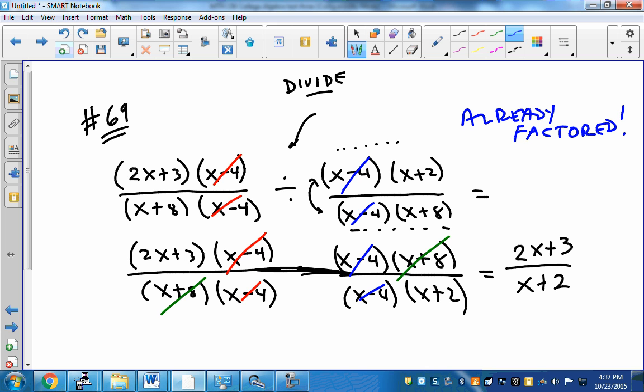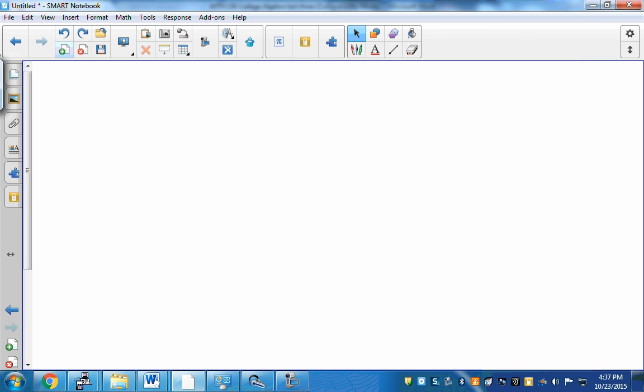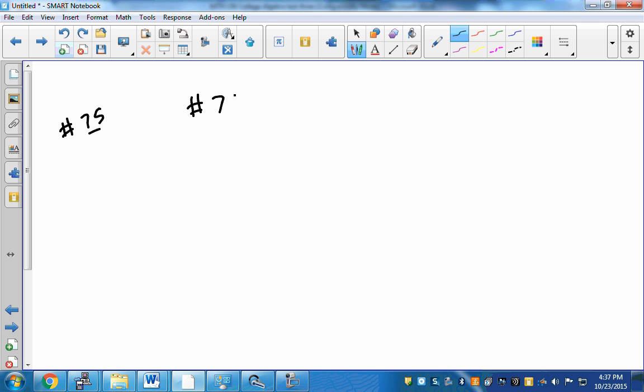Now, looking at the test next, let's suppose we have a division problem where one of the denominators is missing. Problem number 75 was assigned, to make sure you play with that. Let's look at number 76 as sort of a sample.